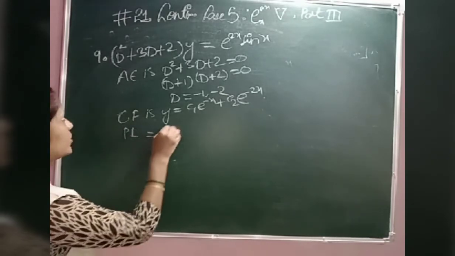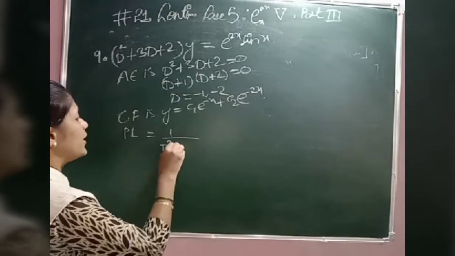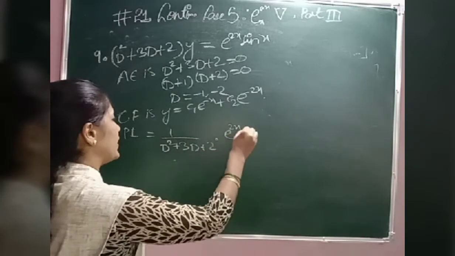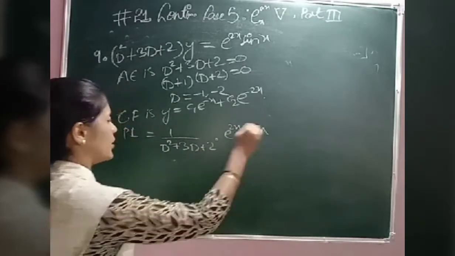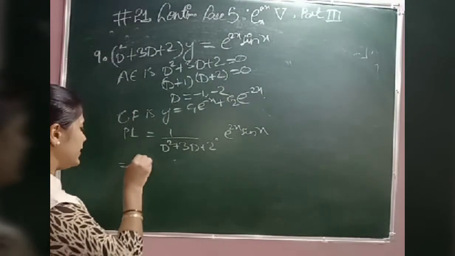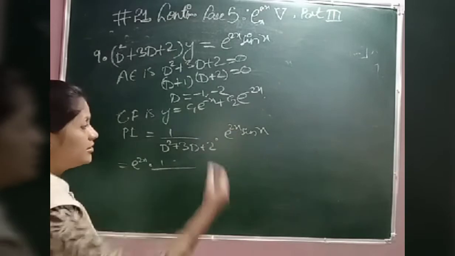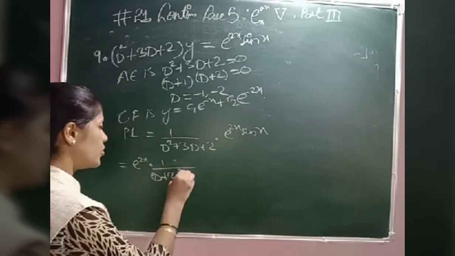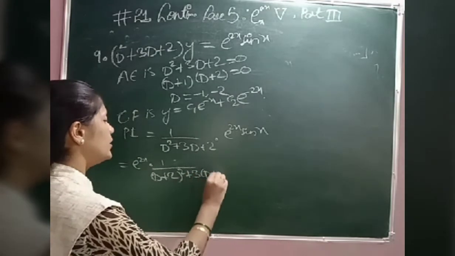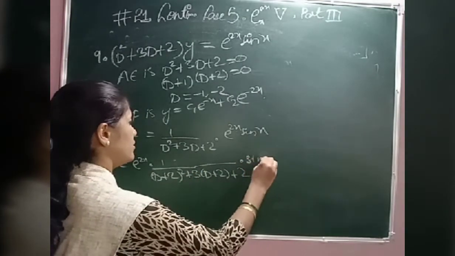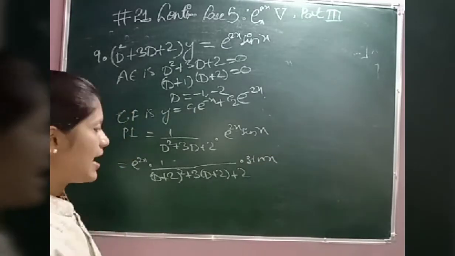PI equal to 1 upon (D squared plus 3D plus 2) of e raised to 2x sin x. So again what form is it? e raised to x into v form. So this can be written as e raised to 2x as it is, wherever D is, D plus 2. So 1 by (D plus 2) whole square plus 3 into (D plus 2) plus 2 of sin x as it is.